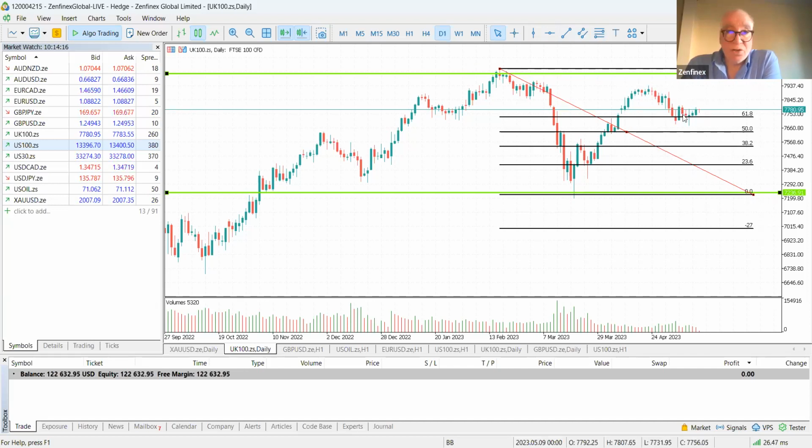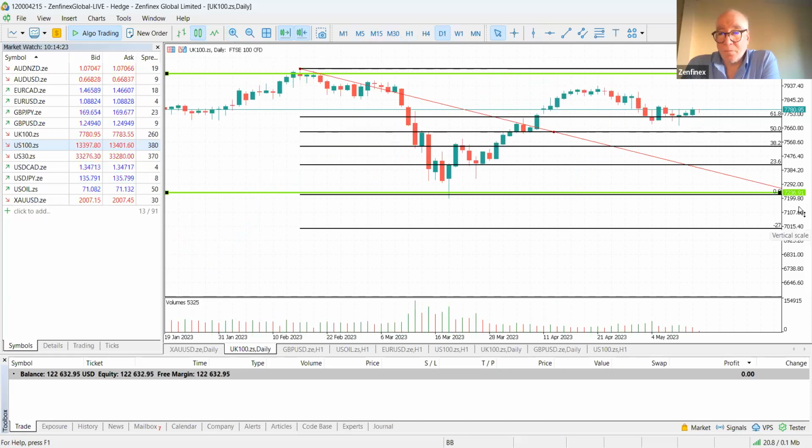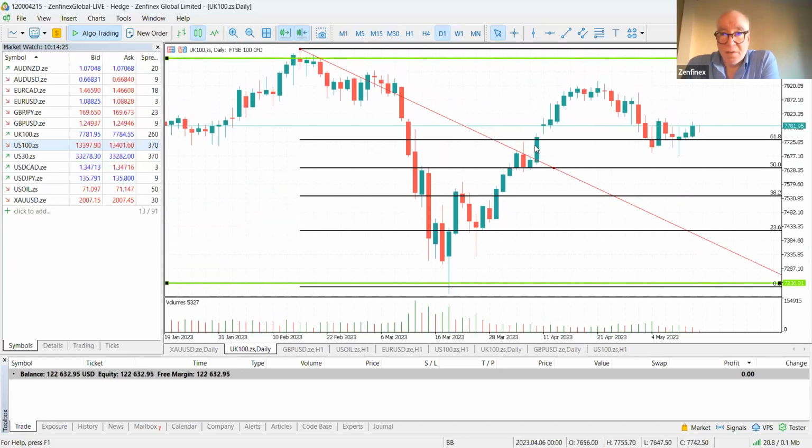So this is actually a very interesting pattern here, because if we look closely at it, we can see gap, filled the gap, came back to the 618 fib level, and has been really, for the last week or so, not sure which way it wants to go. It rejected, price is low, which means that there's not much selling demand here. Buyers immediately came in at the lower level and bought the FTSE back up again.